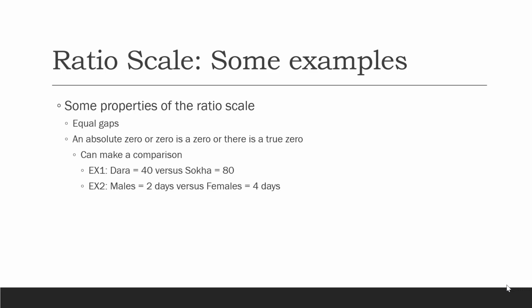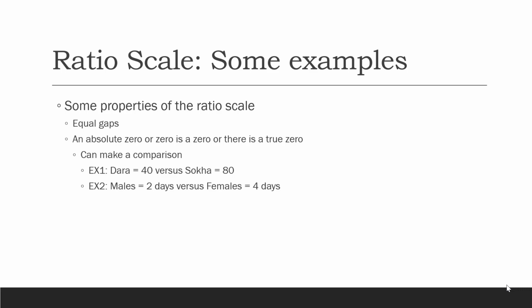However, the second property of the ratio scale is in the opposite direction to that of the interval scale. For the interval scale, its zero is not true, its zero is not absolute. Oppositely, in the context of the ratio scale, its zero is true, its zero is absolute, there is a true zero, right?